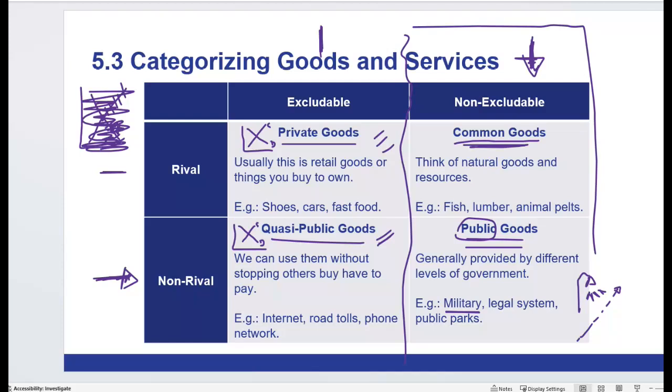So we have basically two sets of problems, with common goods and public goods and common resources. When it comes to common goods, there's something called the tragedy of the commons, which means that because we're competing for them, but everybody has access, we will destroy the good.